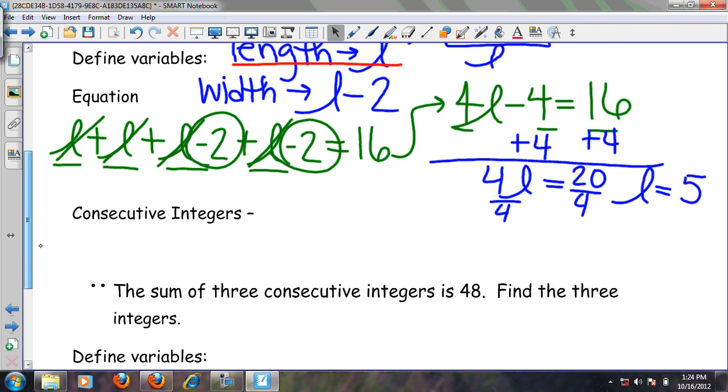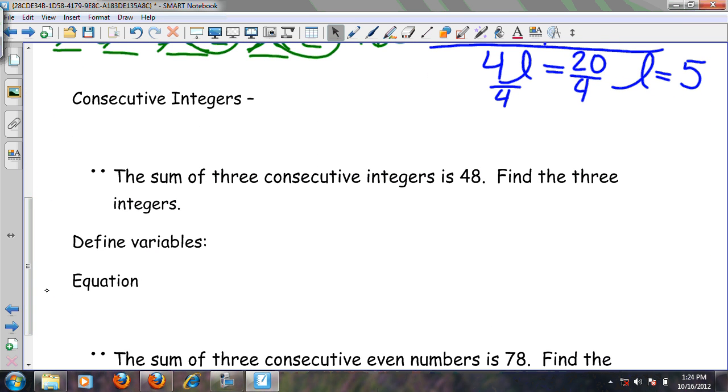Moving on to consecutive integers. Consecutive integers is at the top of page 159. It says consecutive integers differ by 1. And that is true when we're talking strictly about consecutive integers. Because consecutive means in a row or in cardinal order.